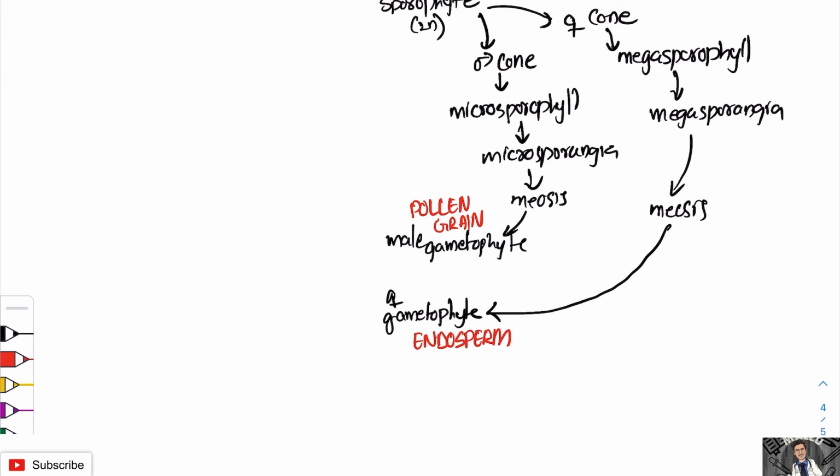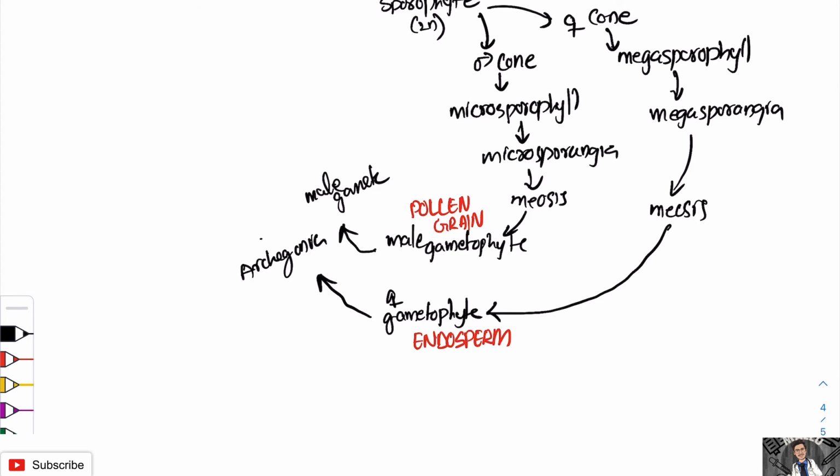Alright, I hope you are getting this. So the male gametophyte produces the male gamete. Don't worry, I'll give you a comparison with the pteridophytes after this completion. And the female gametophyte produces the archegonia.